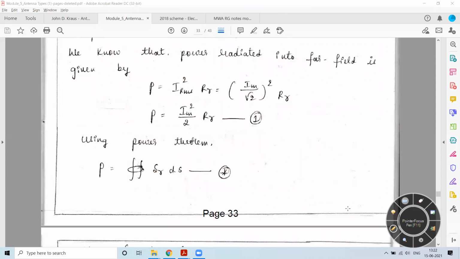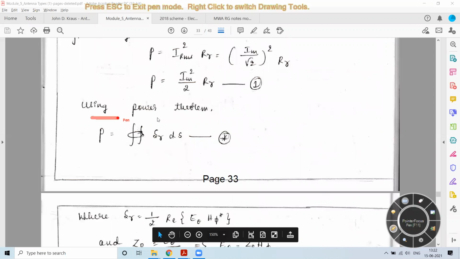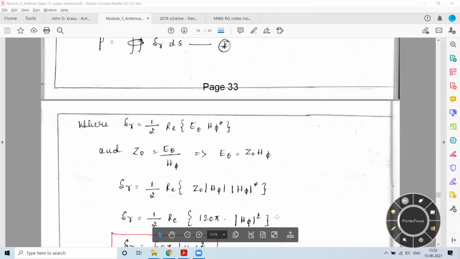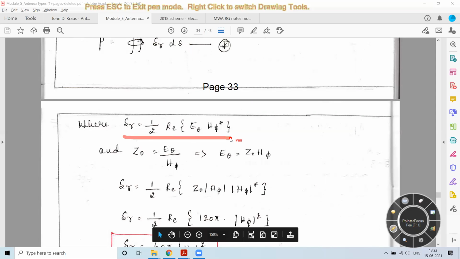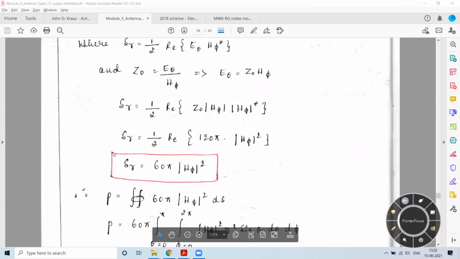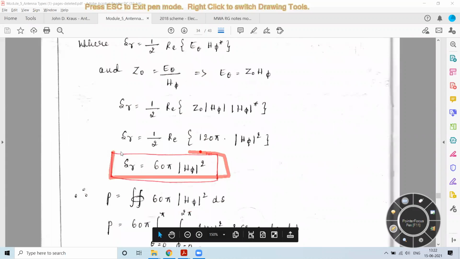Next we make use of the power theorem, in which the total power radiated is equal to the surface integral of the average Poynting vector. Based on that, we obtain the cross product of these two. When you simplify this using the general equation, you end up with SR equal to this parameter.